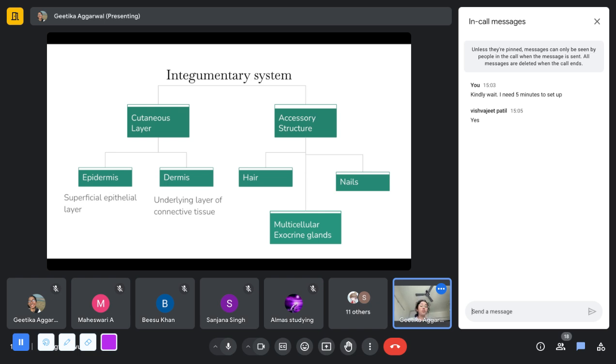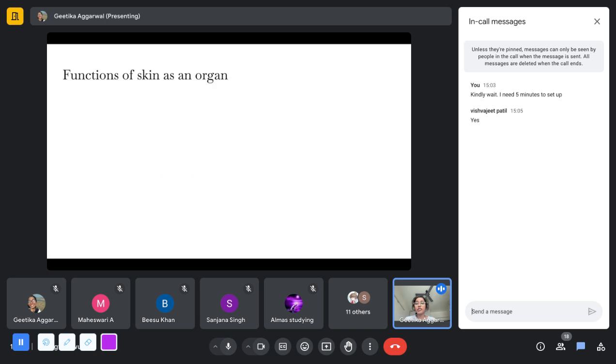Okay? So, moving on to discussing the functions of skin as an organ. Can you tell me or list out certain functions that skin plays as an organ? I hope you all would have thought about this at some point in your life. What are the different functions that skin plays as an organ for us? It's a protective barrier, correct? So, it protects us from what?